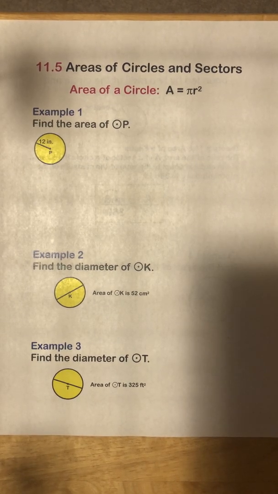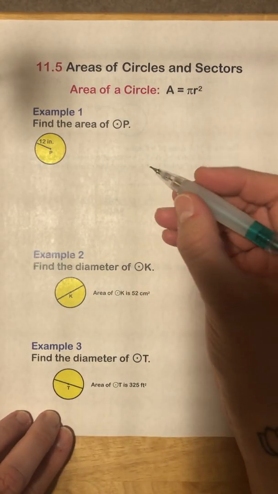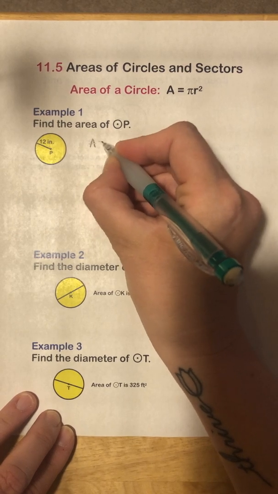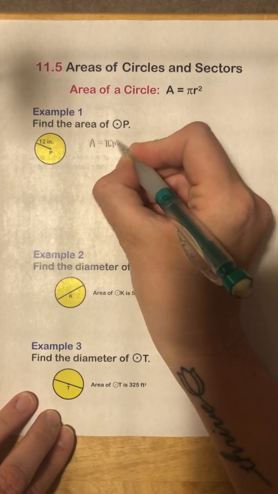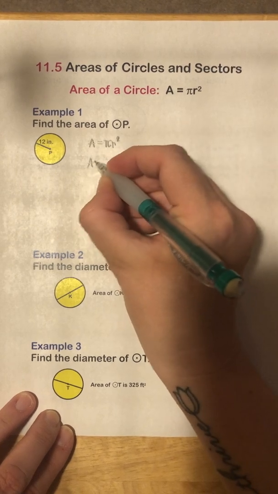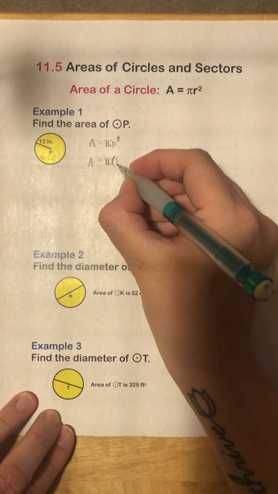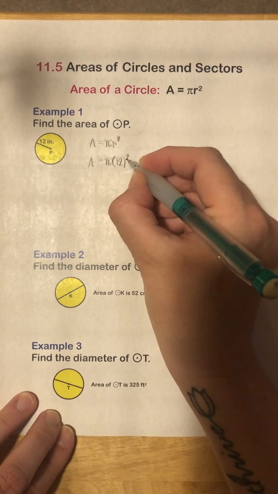We do have a formula, area equals pi r squared. So for example number 1, we're trying to find the area of circle P. So I have my formula, and according to the picture, we know what the radius is. The radius is 12.